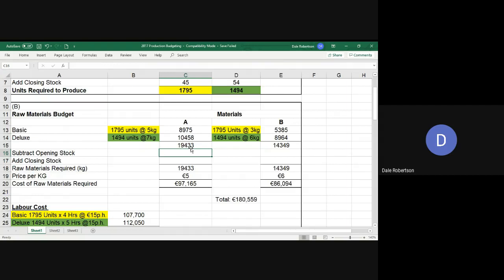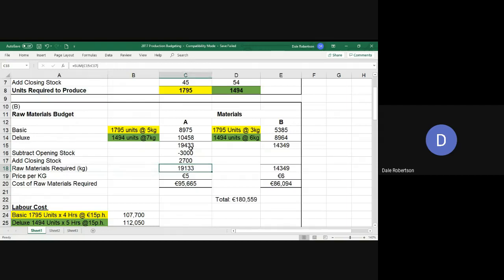Opening stock of raw material A is 3,000 kilos. We need to subtract that because, of course, if we have that sitting in our warehouse, we do not need to buy it. But we do need to buy the closing stock, which is 2,700. That is 10% less. That gives you 19,133 kilos is required.